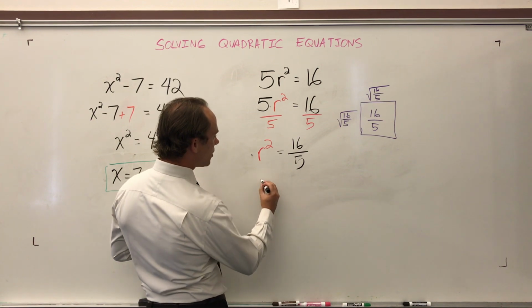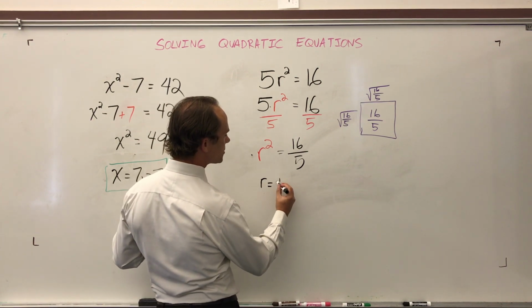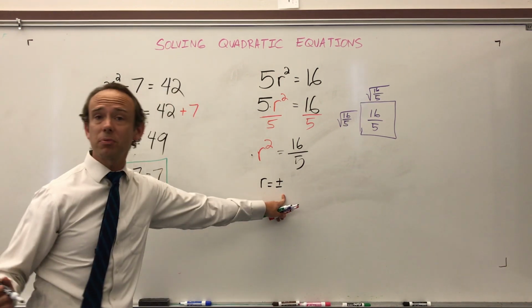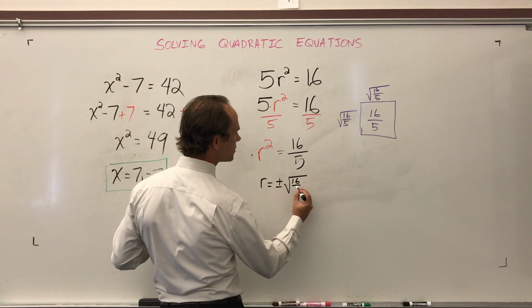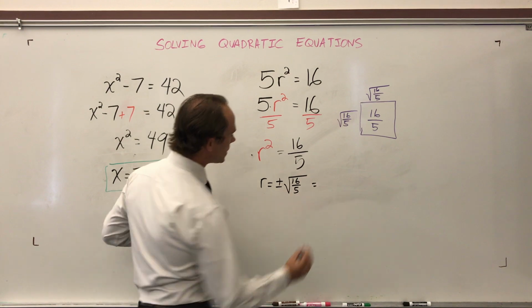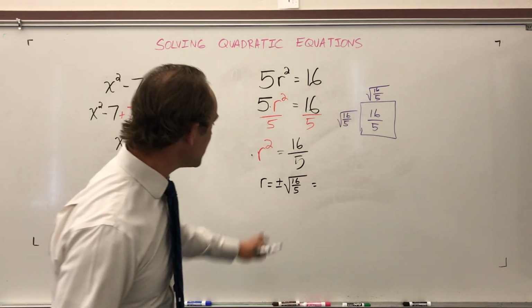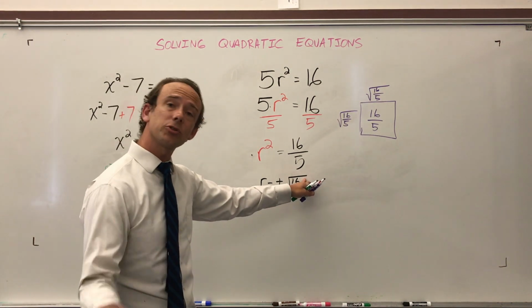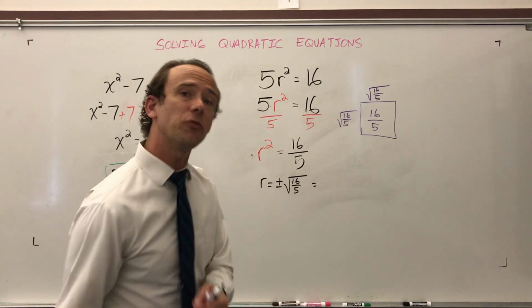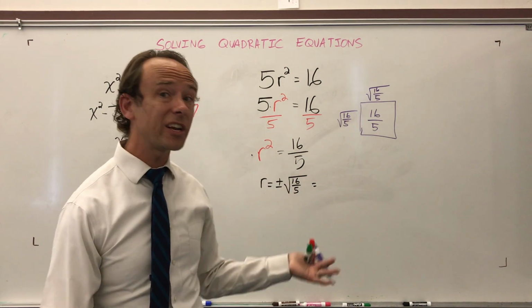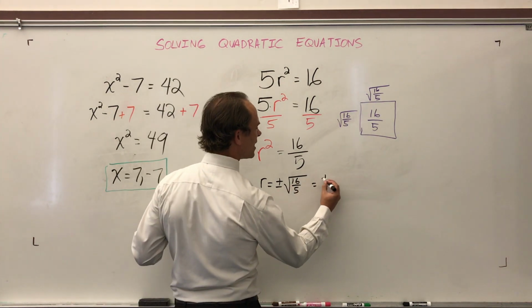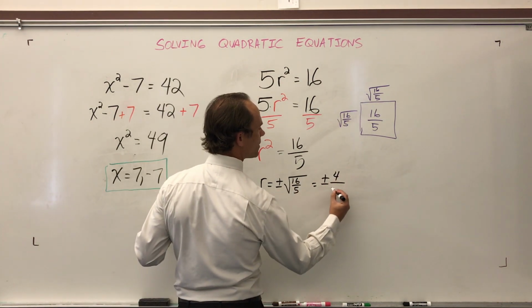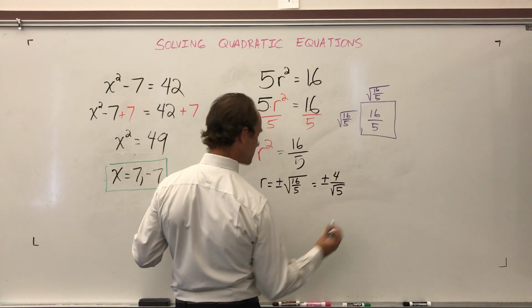So we say that r is equal to plus or minus, because you got to add the algebraic, the negative, square root of 16 over 5. Now, last little bit of simplification is that we actually know the square root of 16 is 4. Positive, straight up, legit 4. So instead of writing it like that, I'm going to write 4 over the square root of 5.